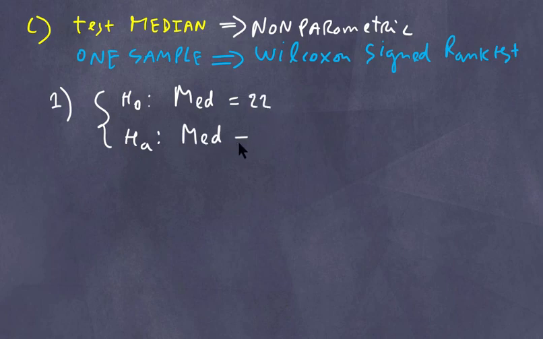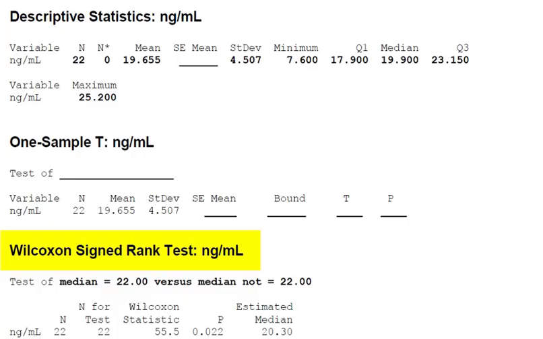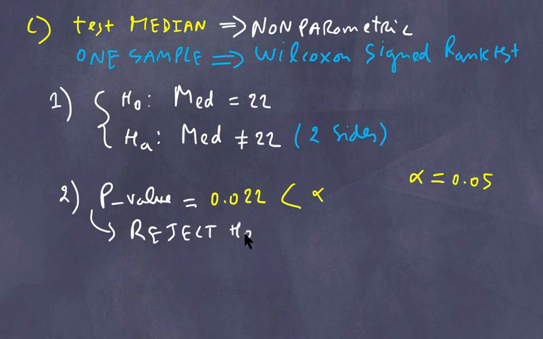HA: the median is not 22, different. Now, the p-value right here is 0.022, and that p-value is less than alpha, which is 0.05. We must reject H0.